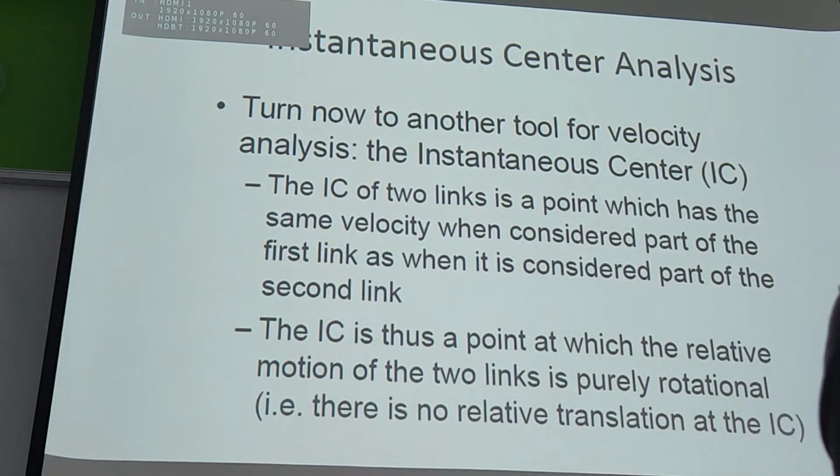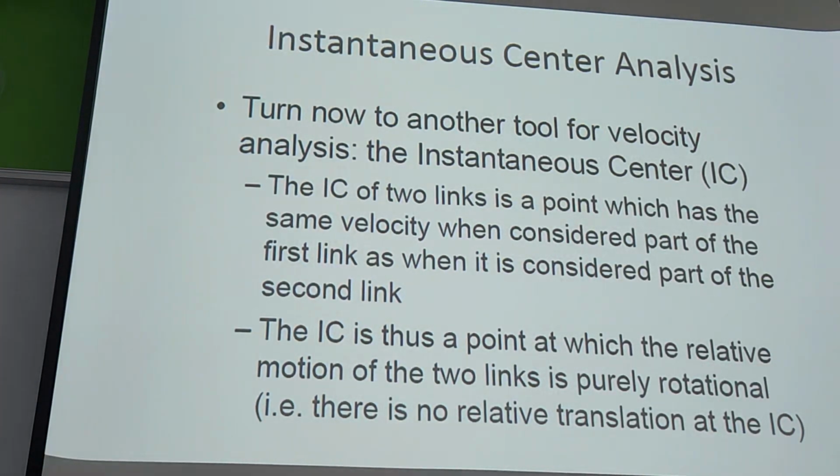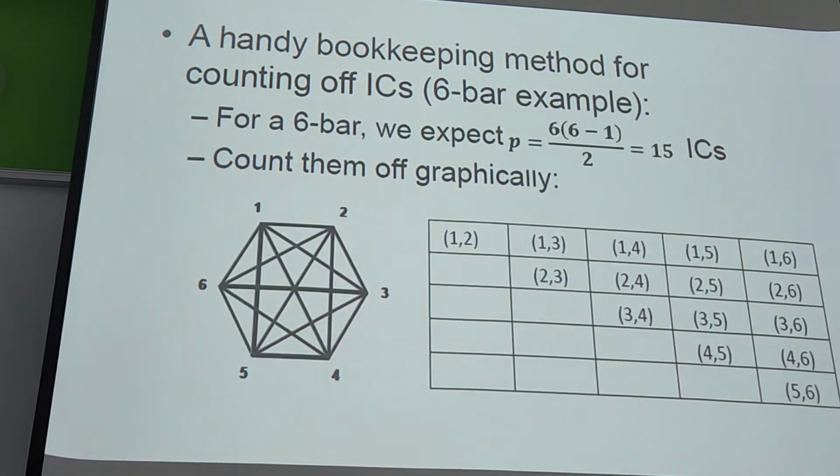Next we'll move on. The instantaneous center is a point at which the relative motion of the two links is purely rotational. Now when we talk about the number of instantaneous centers for a mechanism, the number of ICs will be n into n minus 1 over 2.